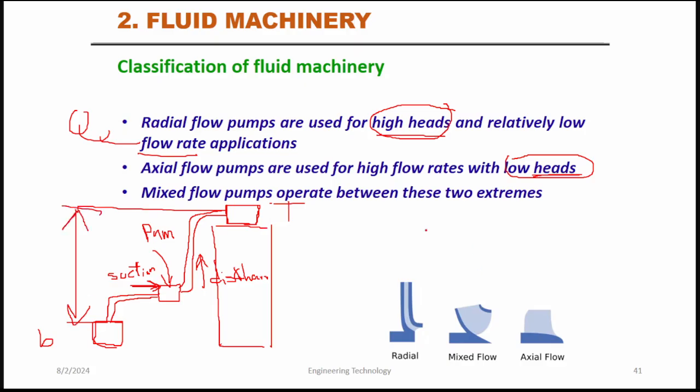Then high head means, according to this height, we can say the head of the pump. Okay, head of the pump is high. Then using head you can identify the pumping height of the pump.